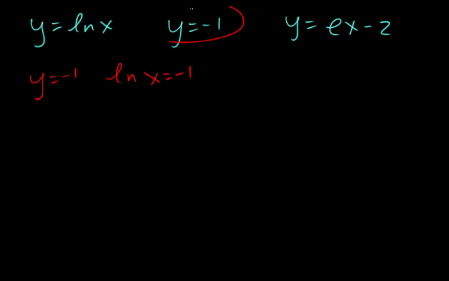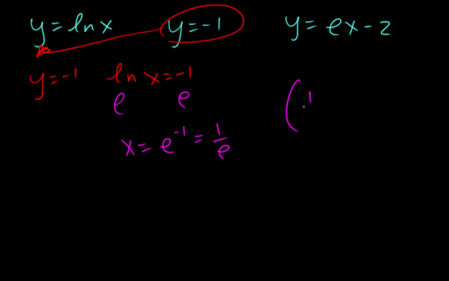So we're just plugging this into this. And then if we solve that for x, we would have to do e of both sides. And so x is equal to e to the negative 1, which is also 1 over e. So we know that the point where they contact each other, we get that.